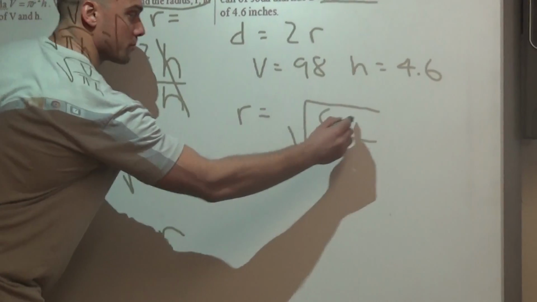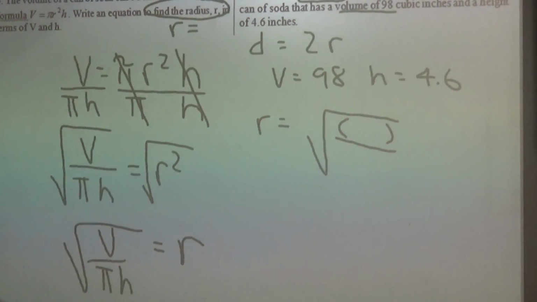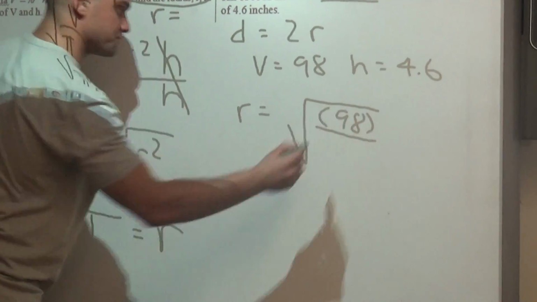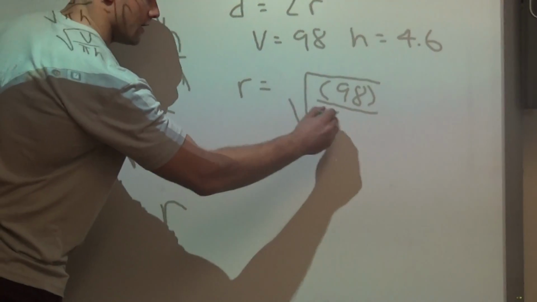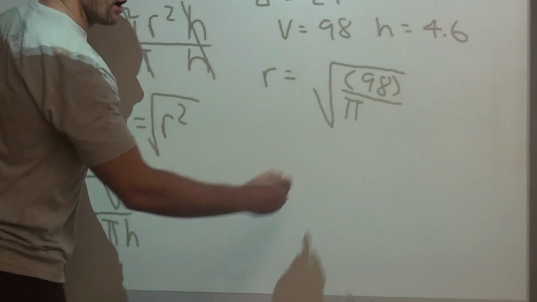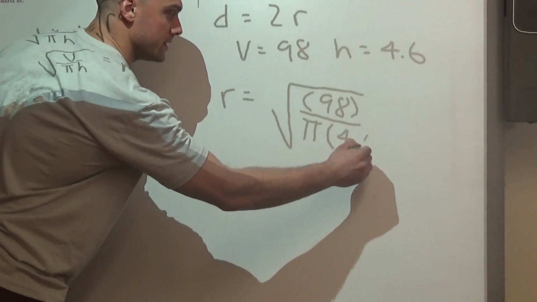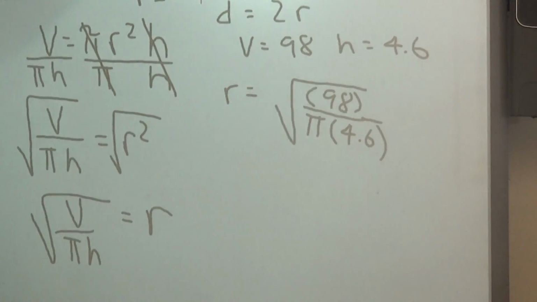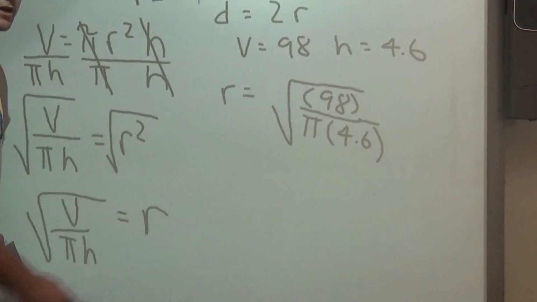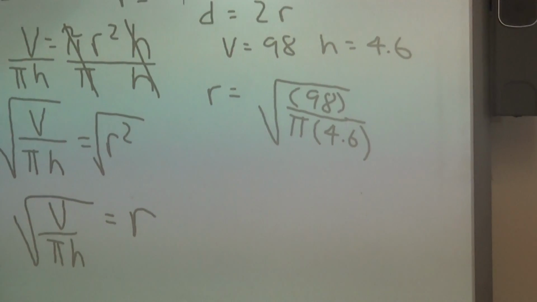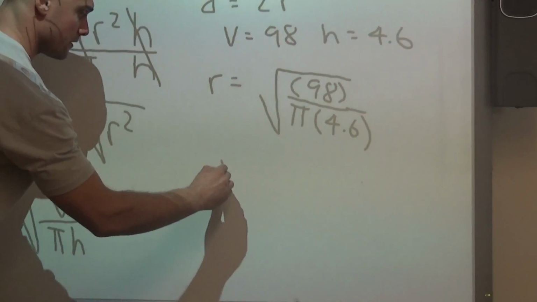On the top here we're plugging in for volume. The v is 98. And then in the denominator we have pi, and then I'm plugging in the height, which is 4.6. So from here, we now just need to simplify this using our wonderful machine, the TI-84 Plus, the calculator.